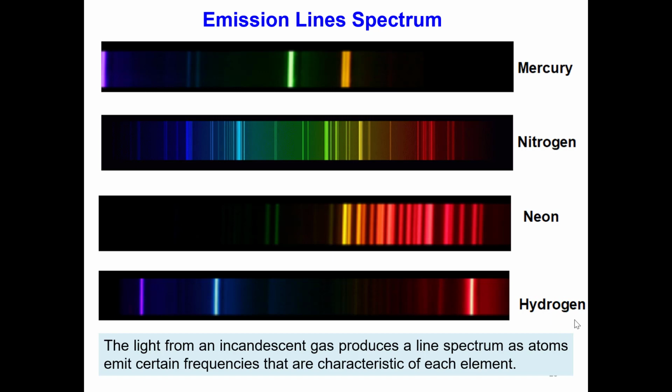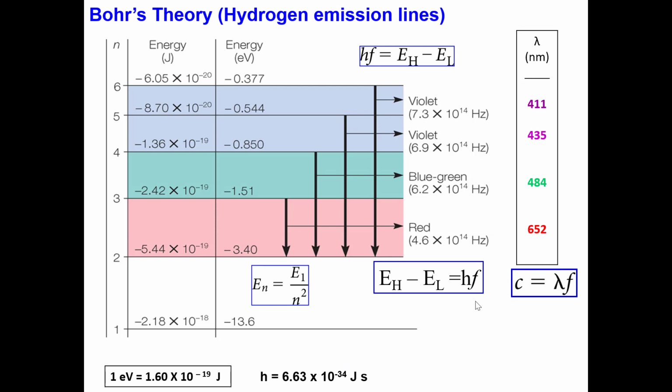We will try to find the equations behind these colors, how we can find mathematically that the line spectrum for hydrogen must be violet, blue, and red. Let's do that part.